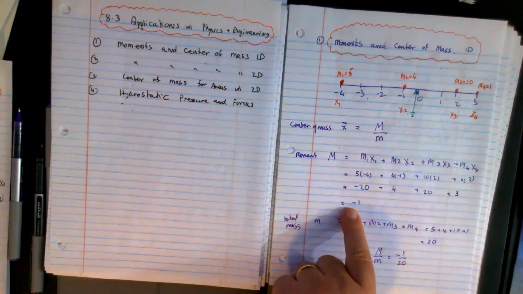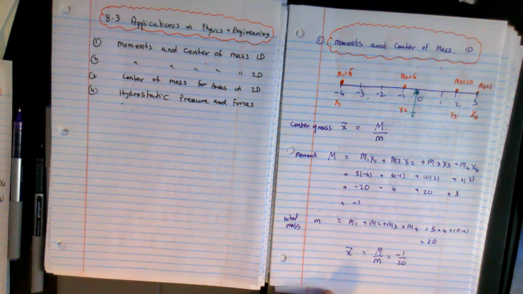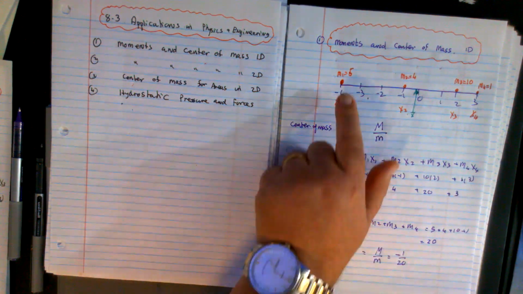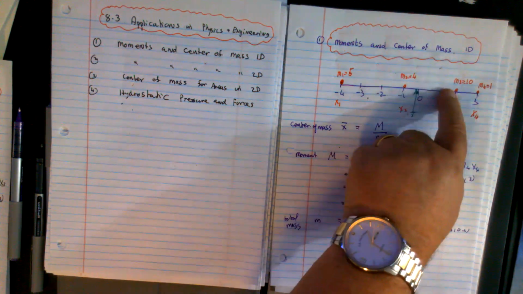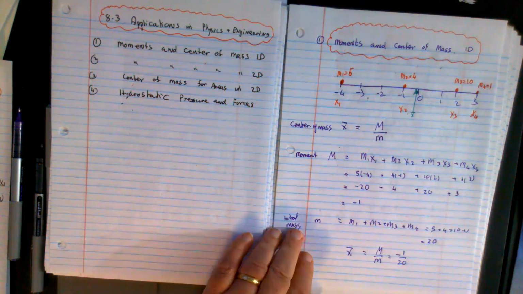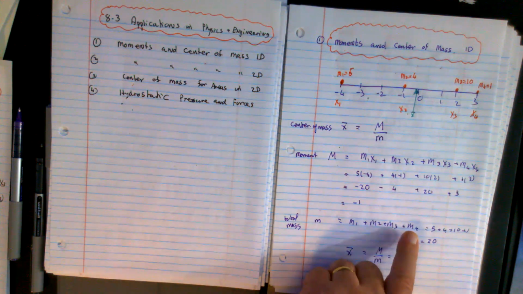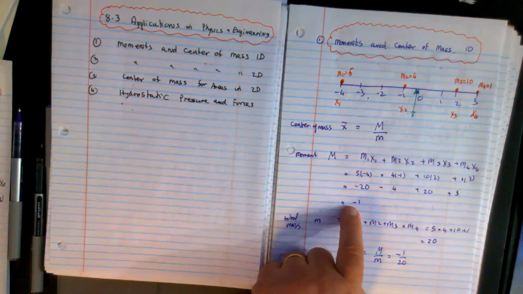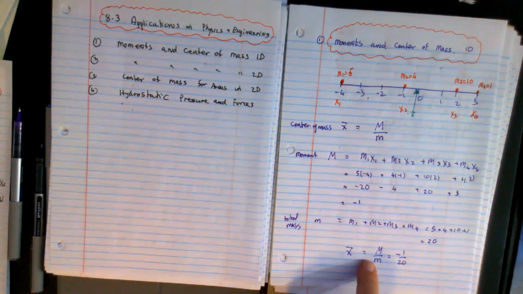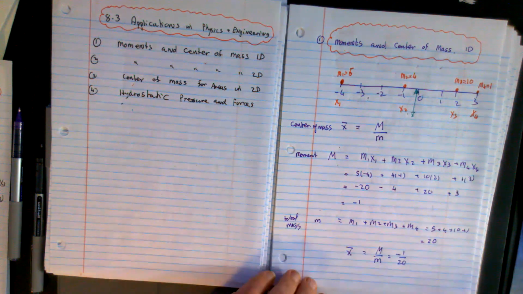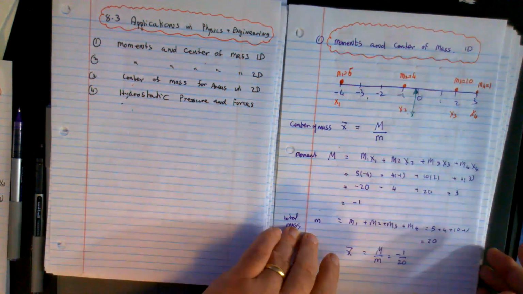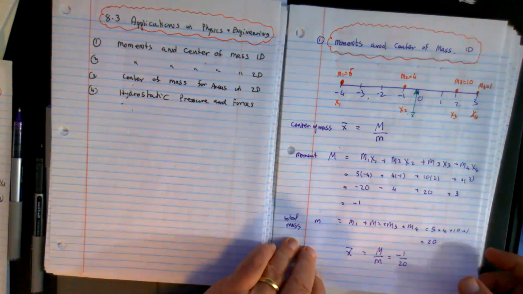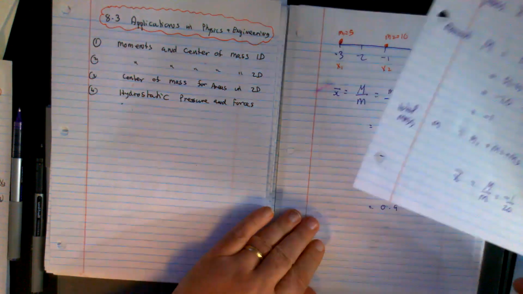And that ends up being -1. And the total mass would be 5 add 4 add 10 add 1. And that gets you 20. And you take the moment and the total mass and put them together, you get -1/20th. And so that's essentially where the centre of mass of that question would lie.